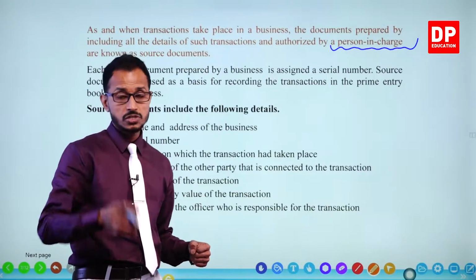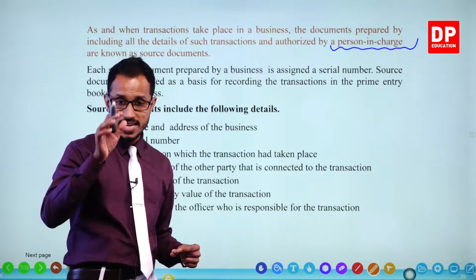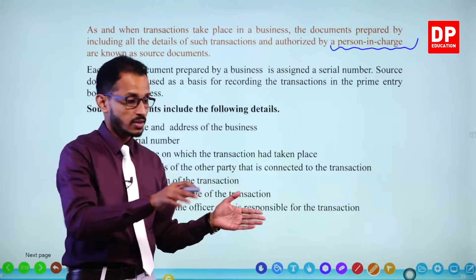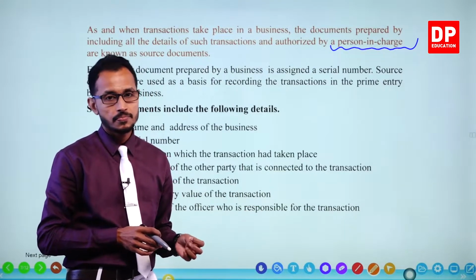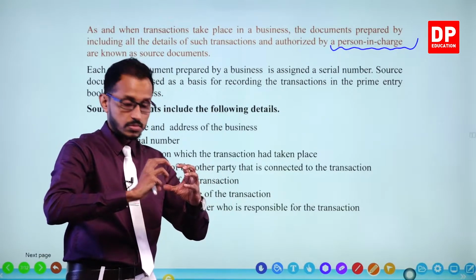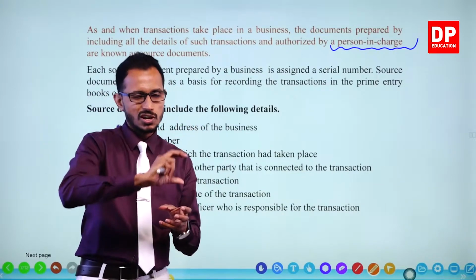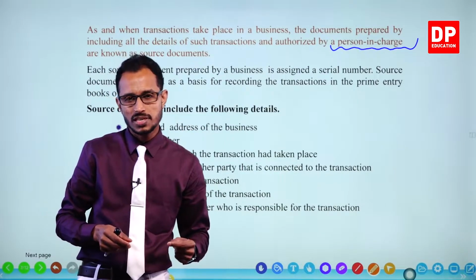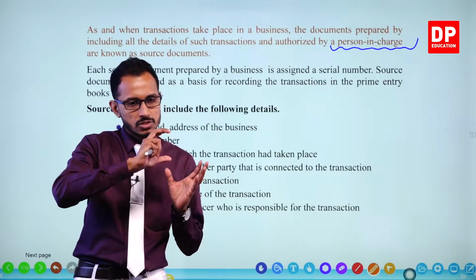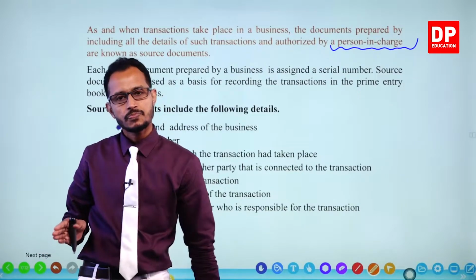But children, these source documents are collected and segregated, categorized at the end of the day. Although the cashier printer prints a roll of bills, those source documents are categorized at the end of the day.